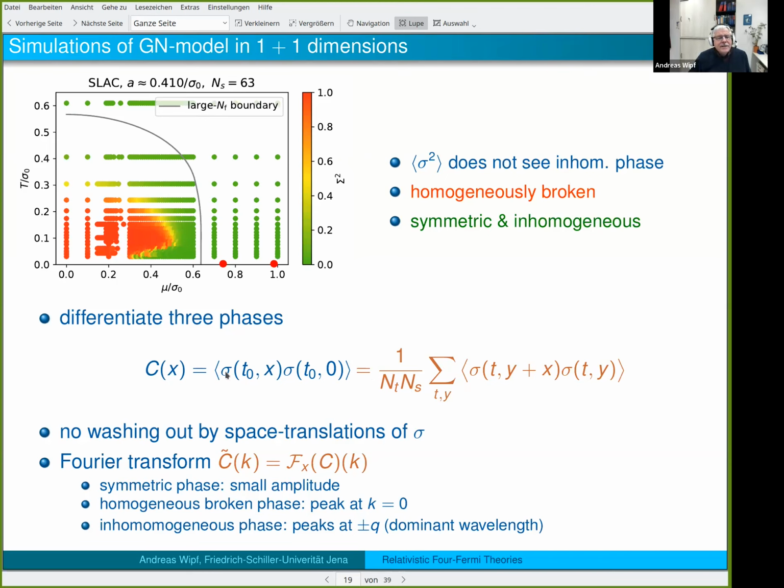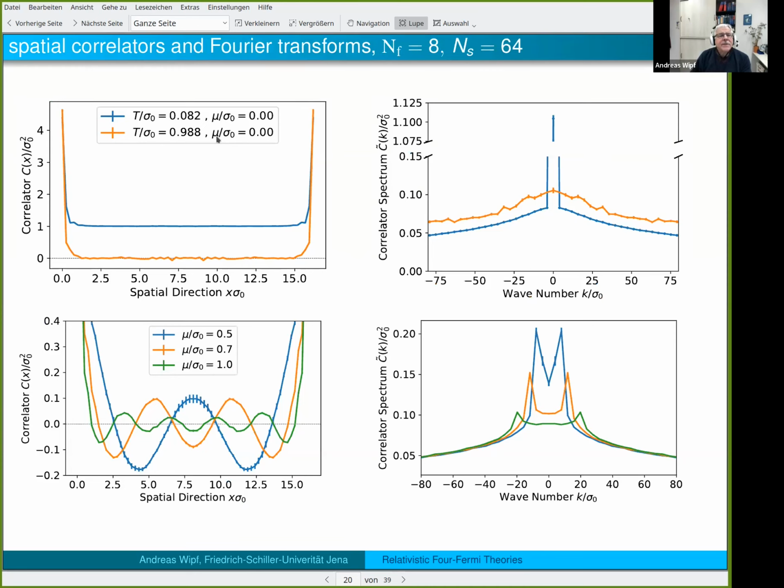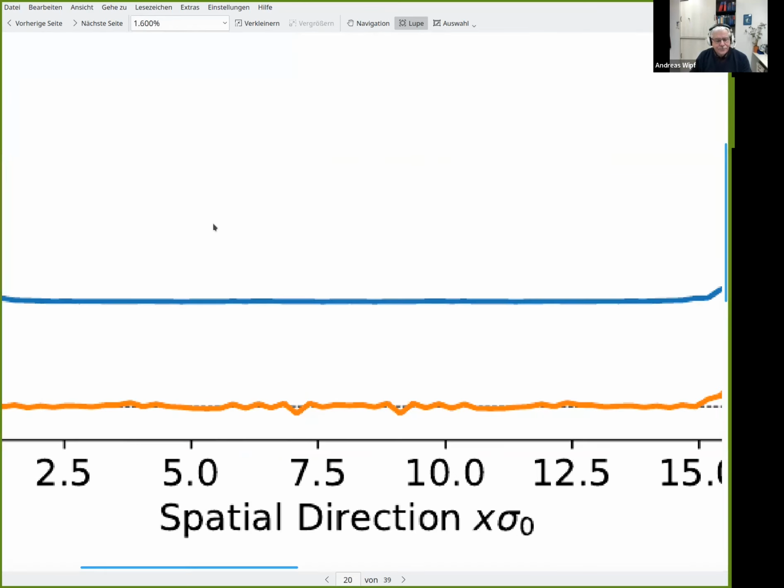That's some dominant wavelengths. So then you do these simulations, and here on the left you see sigma at mu equals 0, baryon density 0, and temperature small, blue, where we expect a homogeneous broken phase.